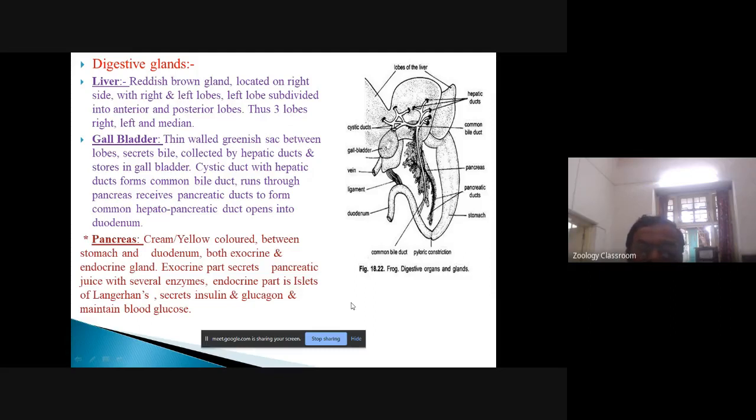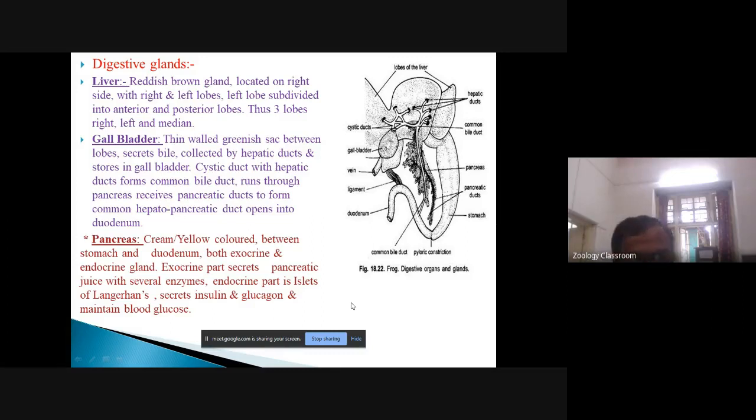The delta cells secrete the hormone somatostatin. You search for somatostatin and what its role is; it is your job to find it. By this way, the alpha cells and the beta cells maintain the glucose level in the body.